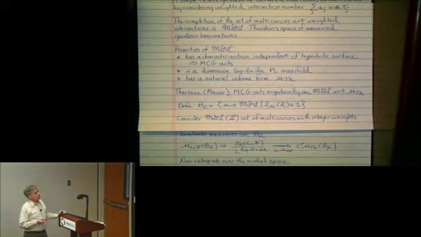Fine. So this ball B_R that was back on the first slide is just the elements of MGL whose length is at most 1. It's the unit ball relative to this function. That's all it is.